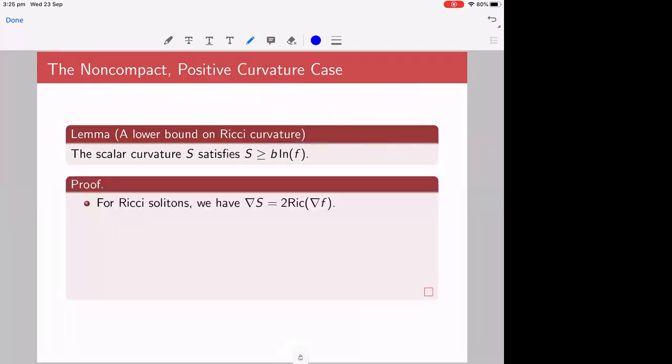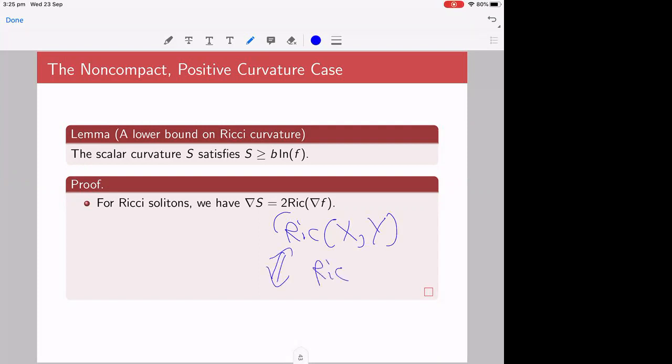Turns out that if you've got a Ricci soliton, this is another fun observation, that the gradient of the scalar curvature has to be the same as twice the Ricci curvature applied to the vector gradient f. So again, remember that Ricci curvature not only can be interpreted as a symmetric 0-2 tensor, but it can also be interpreted as a linear operator.